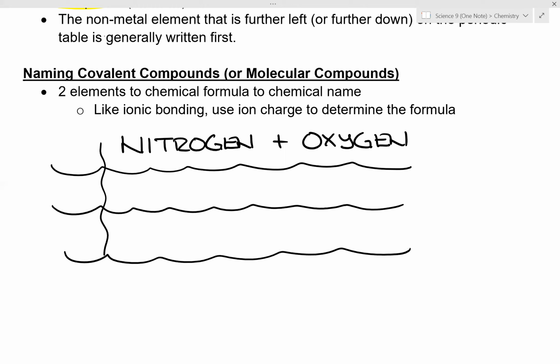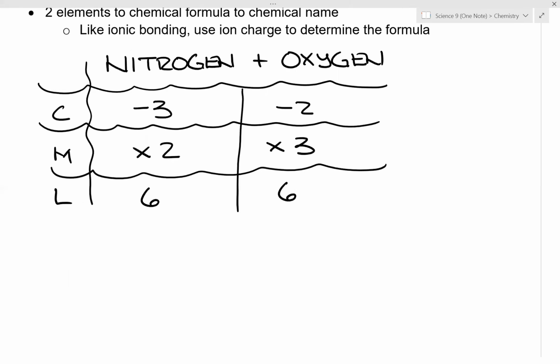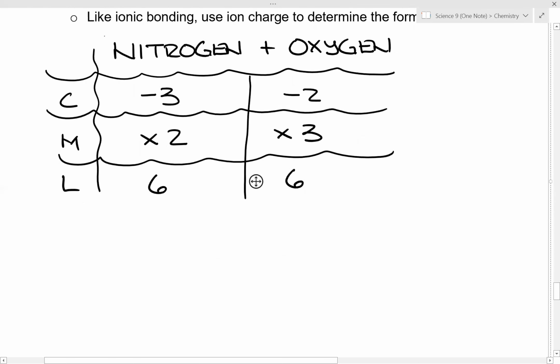Here we have the charge, the multiplier, and the LCM. Nitrogen, if you take a look on your periodic table, is -3. Oxygen is -2. So the lowest common multiple is 6 and 6. So this is times 2, and this is times 3. And so what we get is a formula of N2O3.